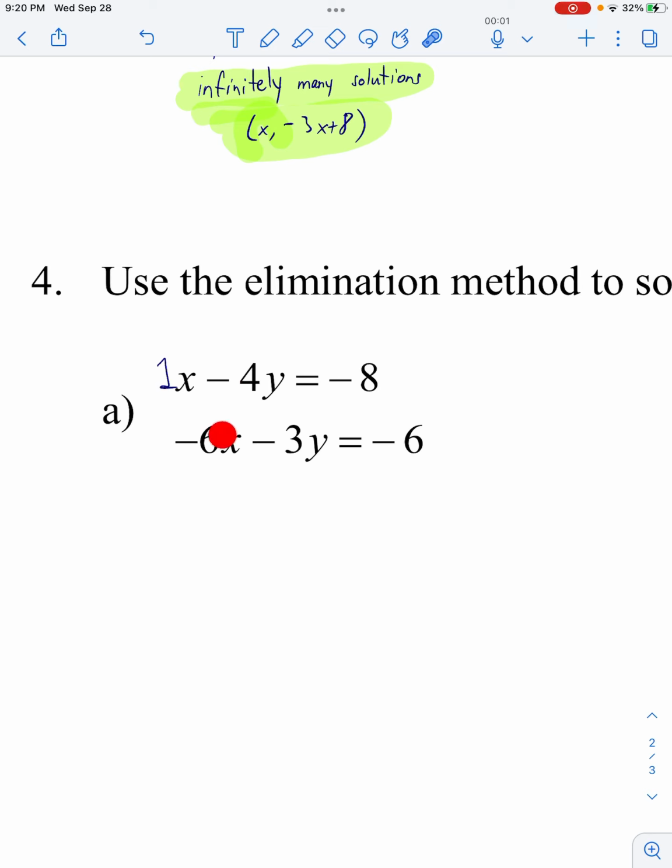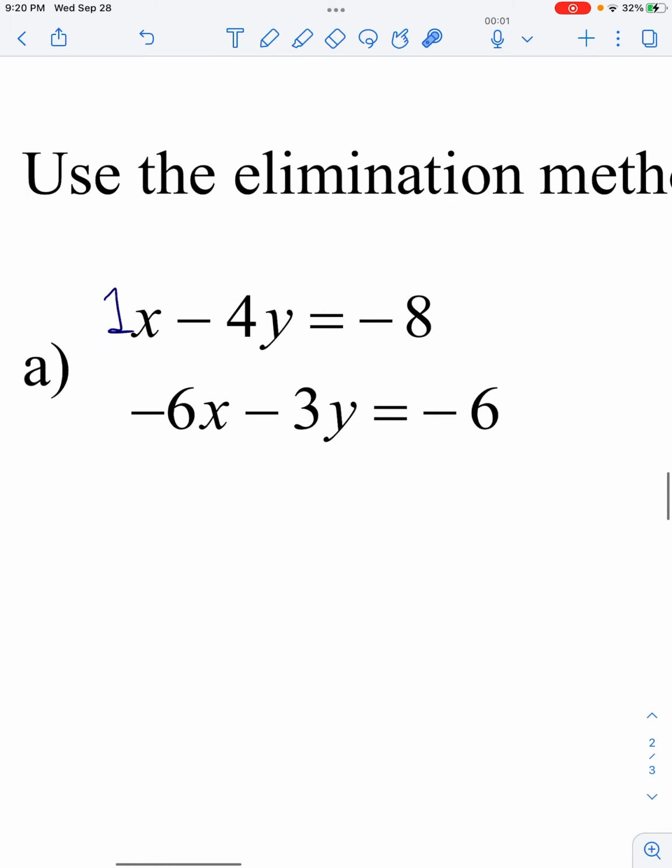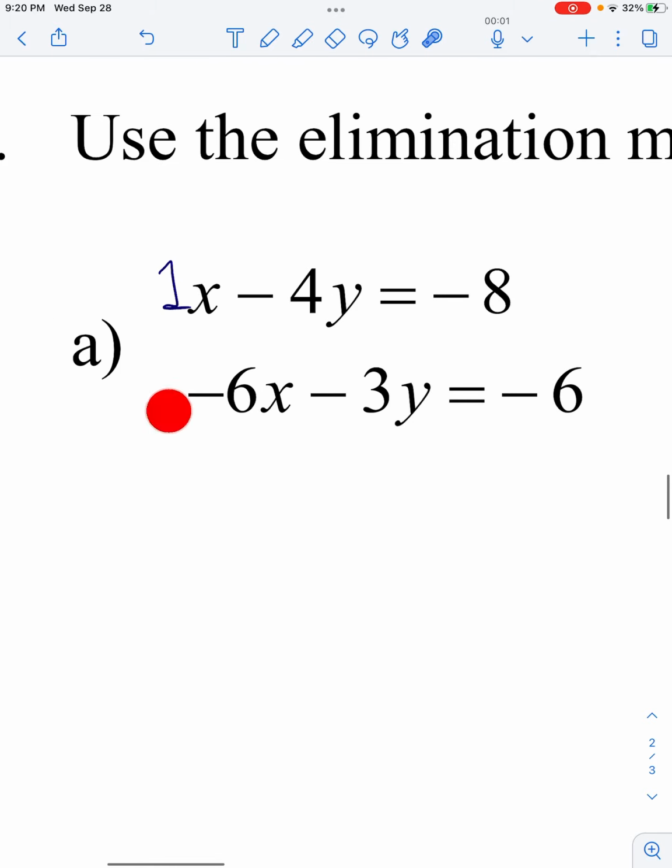Compare the top coefficient of x and the bottom coefficient of x, and then the top coefficient of y with the bottom coefficient for y. What we want to do is eliminate one of these variables, okay? If I add what to negative 6, I get 0? That's going to be positive 6. Positive 6 plus negative 6 equals 0.